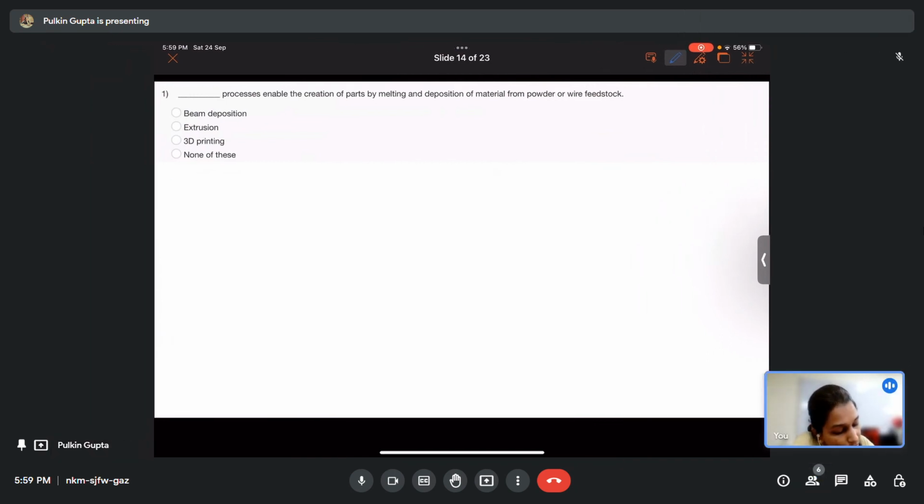Okay, so in extrusion based processes, we basically use filament or wires, which are then converted into molten form and extruded through a nozzle.